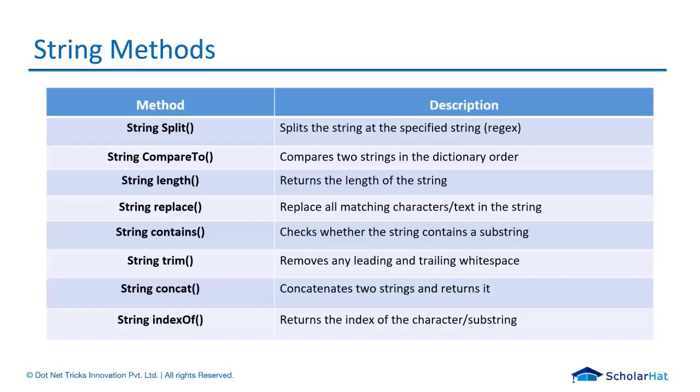We have various methods: splitting the string into subparts, comparing two strings, finding the length of the string, replacing some group of characters from the existing string, checking whether a string contains a specific substring or a single character or not, trimming the string, concatenating two or more strings together, and finding the index within the string. So let's understand in more detail.